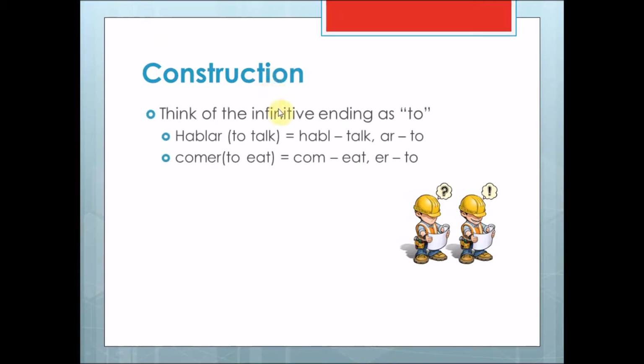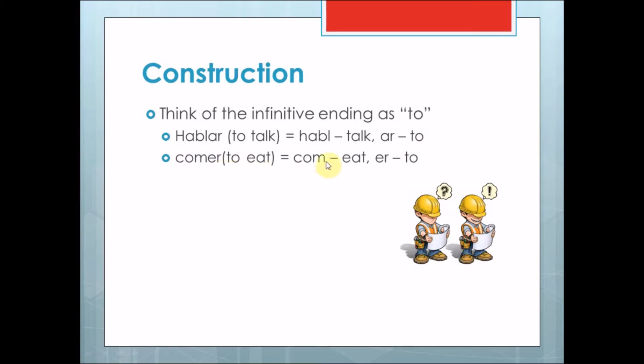You can think of the infinitive form, and the infinitive form in English is that to. So in Spanish, think of the AR, ER, or the IR as the word to also. So you could say hablar, to talk. The habl part of it would be the talk. AR would be the equivalent of to.